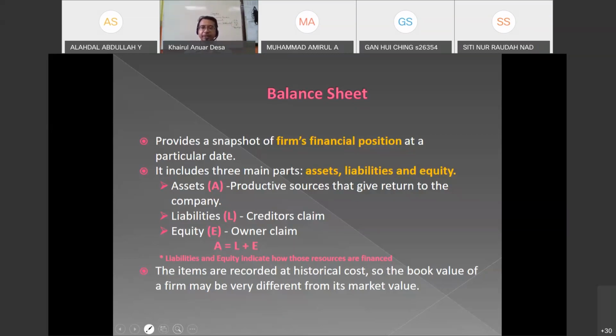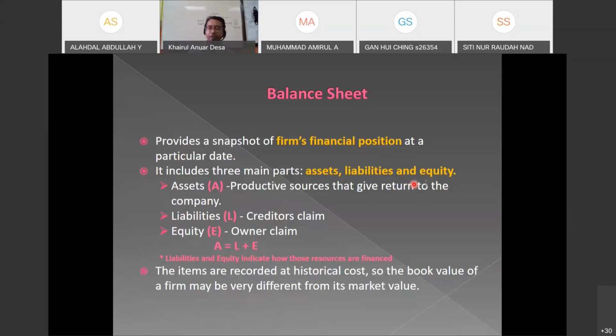So what is the objective of the balance sheet prepared? So balance sheet is the firm's financial position at a particular date. Particular date sama juga macam tadi, past 1 year. Okay, setahun yang lepas. The accounting period or the particular date here is similar between the balance sheet and also income statement.